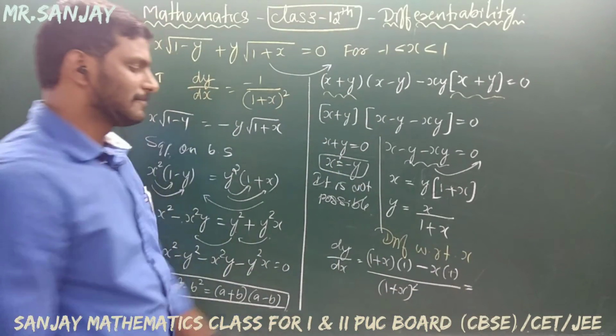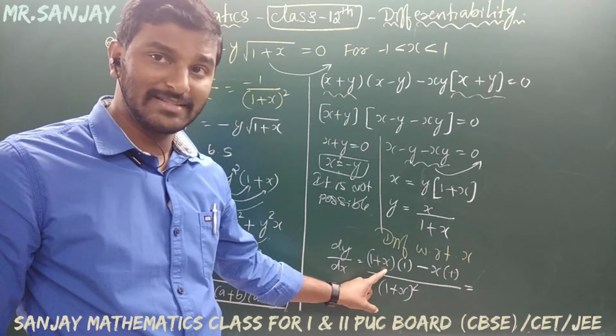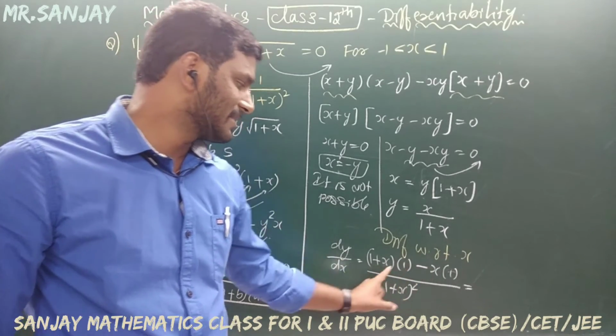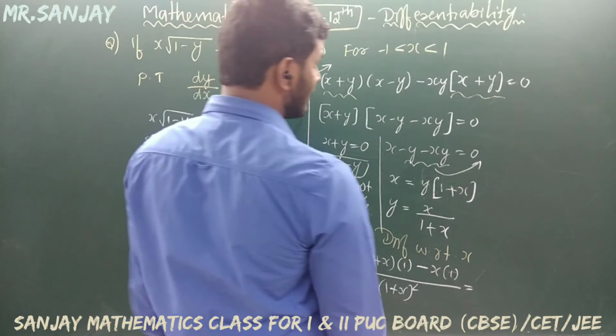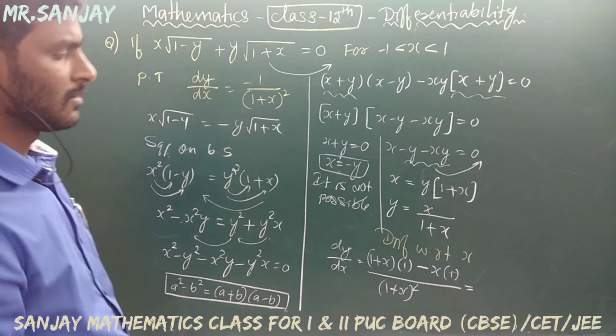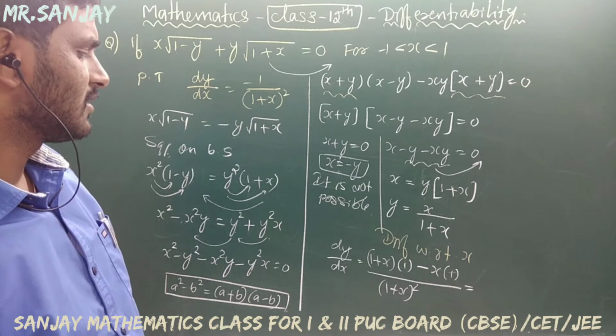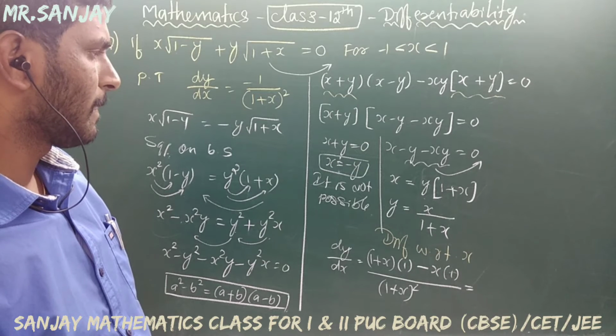If I simplify, 1 plus x into 1 is 1 plus x, minus x, so x minus x gets cancelled. What is the remaining answer? How come minus 1? You are not getting minus 1, right? Somewhere it is wrong.